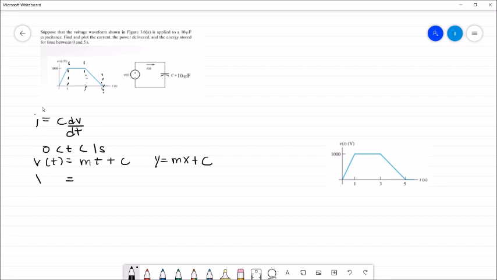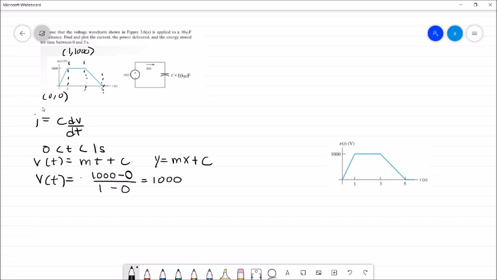So V(t), and then m will be its slope for 0 to 1 second, which is 1000 minus 0 divided by 1 minus 0, which is 1000.